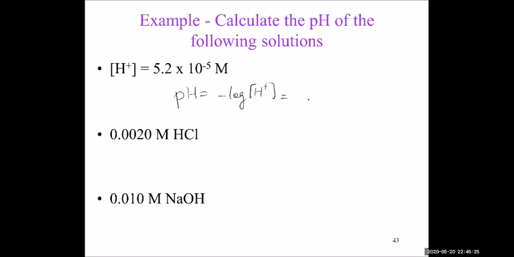If you solve that, use your scientific calculator, that should give me about negative 4 point something. Okay, I'm going to use my scientific calculator. The negative log is 4.28.